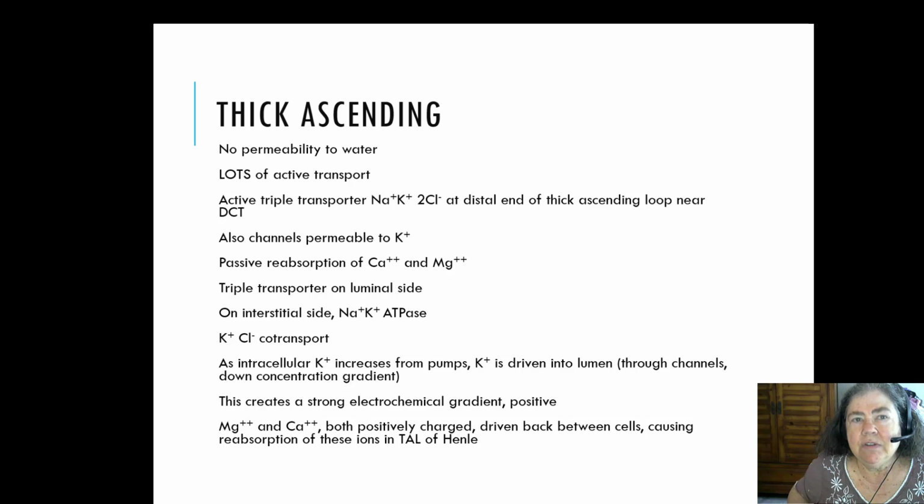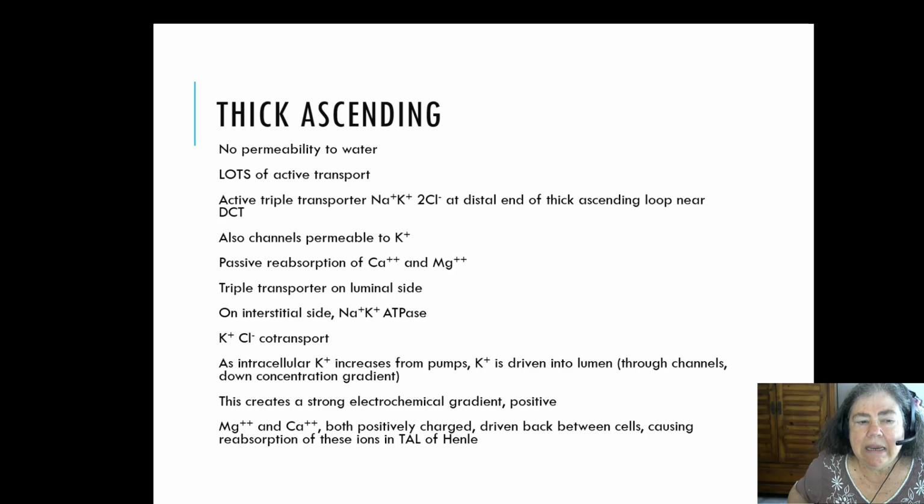Potassium can leave those cells through channels down its concentration gradient into the lumen. And that movement of potassium out of the cell through open potassium ion channels creates an electrochemical gradient in the lumen, so that you're negative inside the cell and positive outside the cell, just like when we were talking about the electrical gradient in nerve cells.